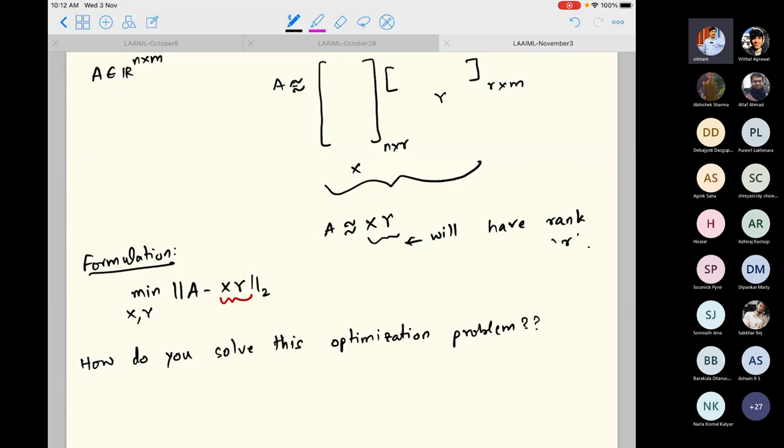So the first thing I want to ask is: is it linear, non-linear, quadratic? What is the optimization formulation? What is this optimization problem? Does it look like a least squares problem? What do you think?